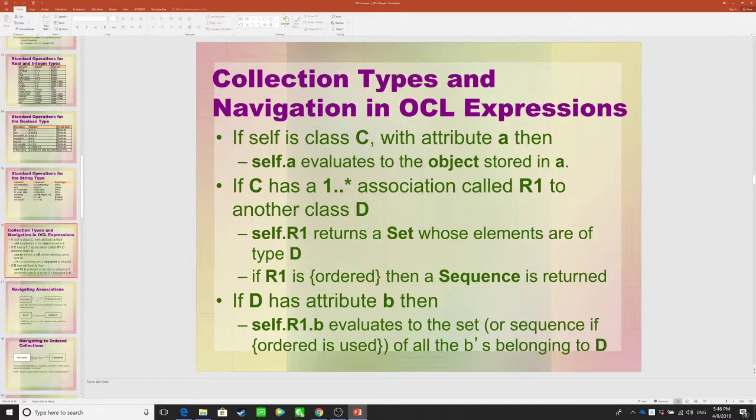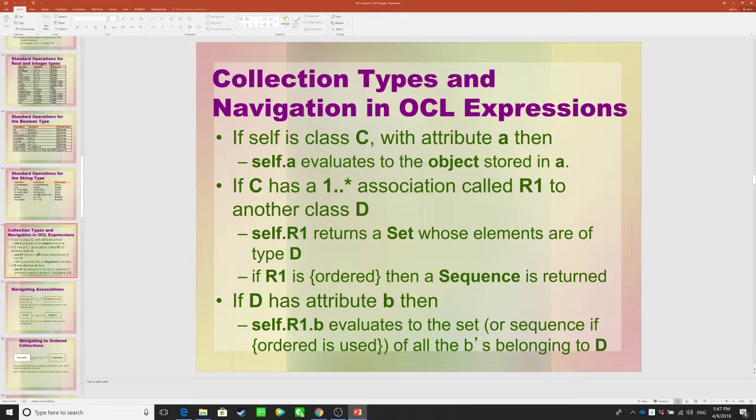Okay. And if C has an association called R1 to another class D, a one-to-many association, maybe one C is associated to many D, and the association is called R1, then self.R1 returns a set whose elements are of type D. Okay, let me explain that.